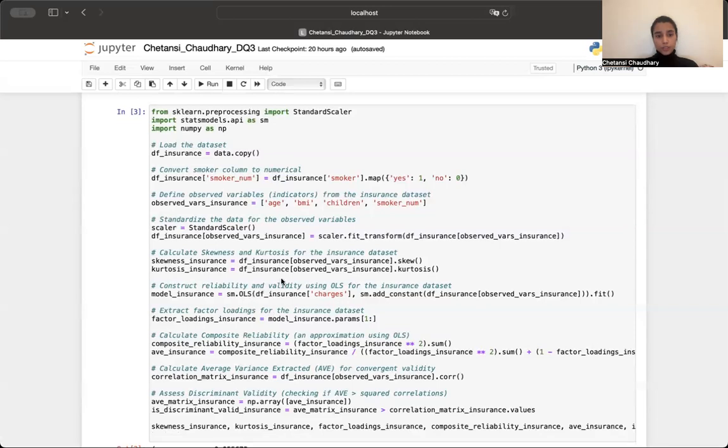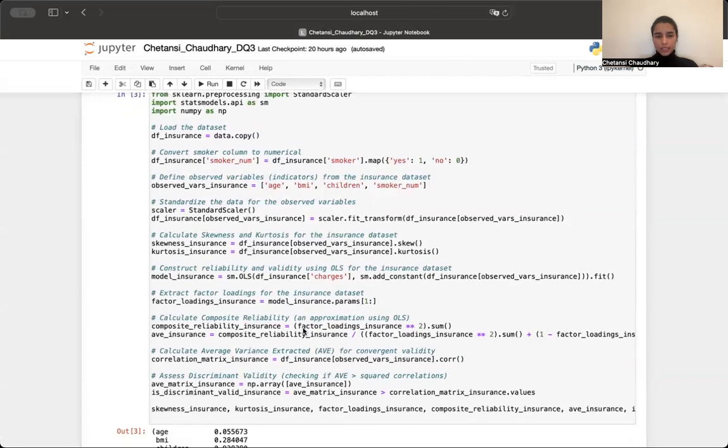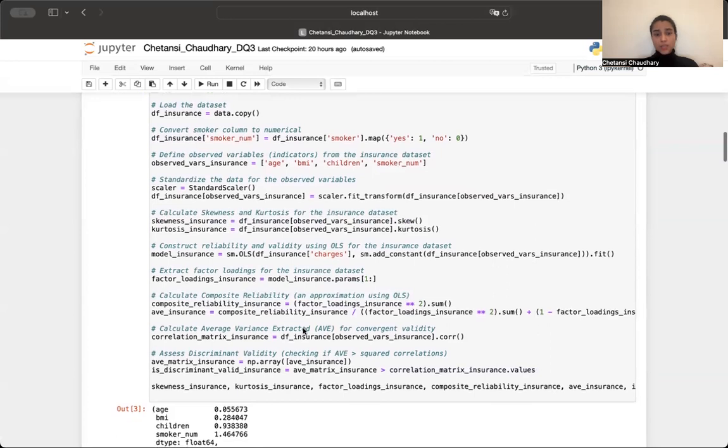So for skewness, we have used the .skew method, and for kurtosis, we have used .kurtosis. Further, we are calculating composite reliability, average variance extracted, and validity to check the relationship between the variables we have selected.